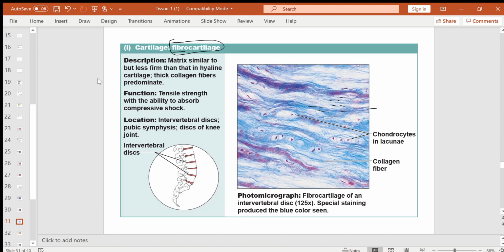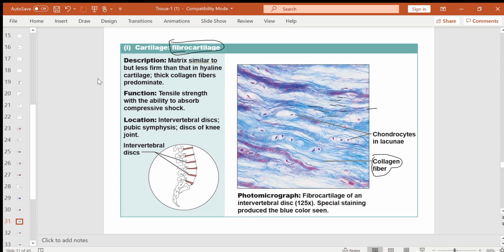These are collagen fibers, present heavily inside the tissue, and that's why this cartilage is very tough. The structure that has a lot of fibers is tough. So fibrocartilage has a lot of fibers.